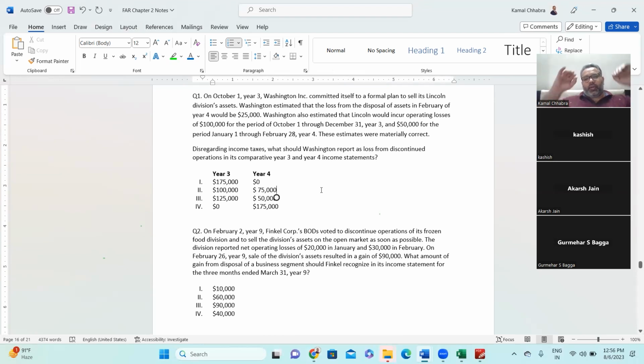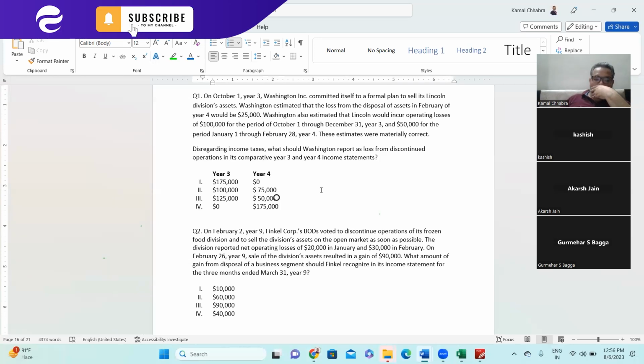Will you recognize the 25,000 loss expected from disposal or not? Yes. Why yes? Because for discontinued operations or assets that are to be disposed of, we take fair value into consideration. So you need to book impairment loss. Right? So this 25,000 loss on sale of capital asset is considered.